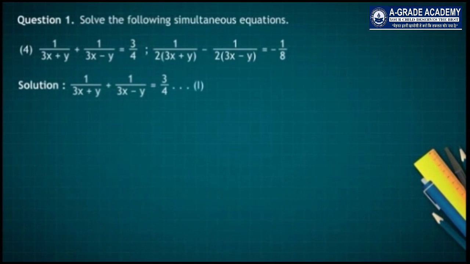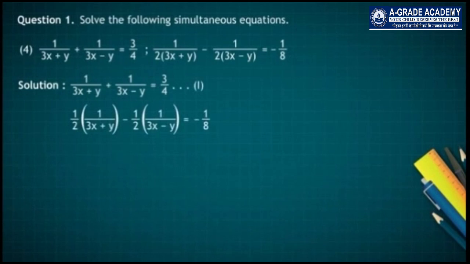This is our equation number 1. (1/2)(1/(3x+y)) - (1/2)(1/(3x-y)) = -1/8. This is our equation number 2.